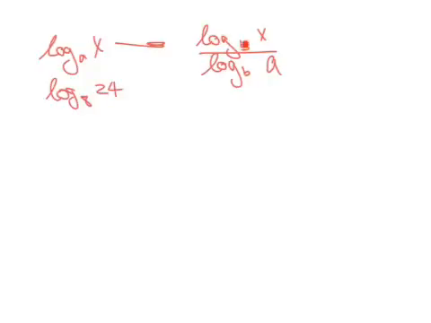What this means is we're changing from this base to this base, and really we're wanting to change those to 10s. You could change them to e's if you want, but e's or 10s, that's really all that b is going to be.